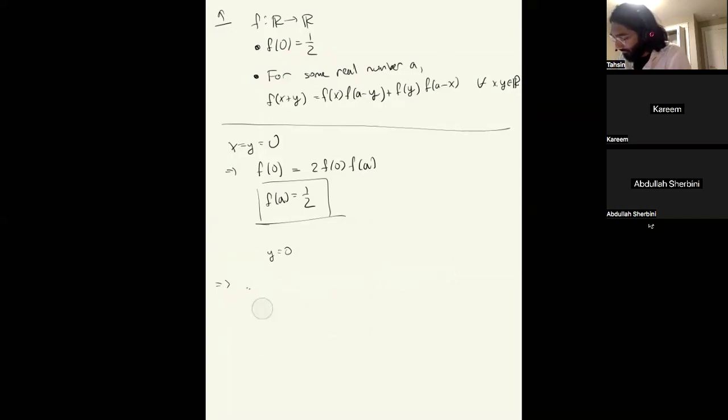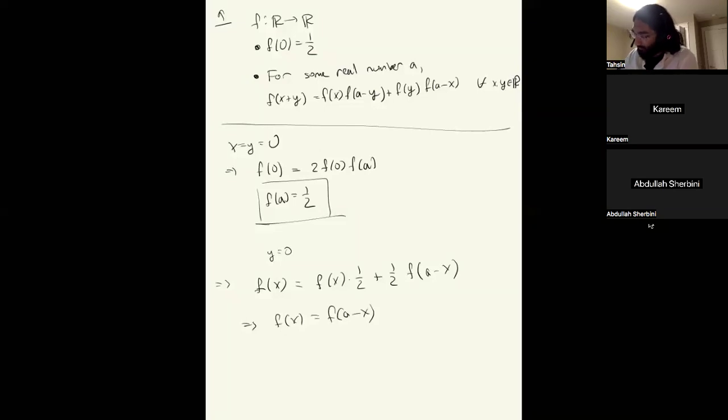So if you do just y equals 0, then we get what? f of x equals f of x, f of a, which is 1/2, plus f of 0, which is also 1/2, times f of a minus x, which tells us that f of x equals f of a minus x.